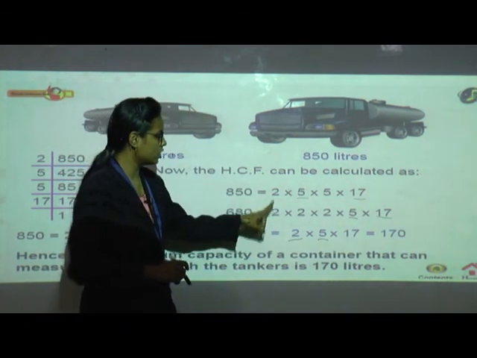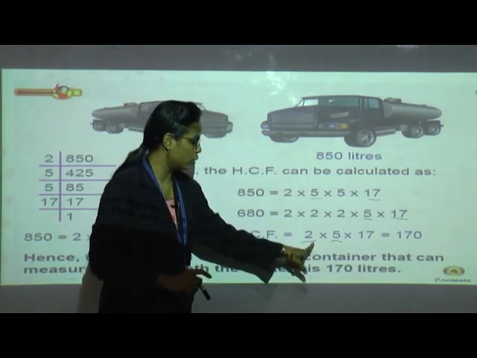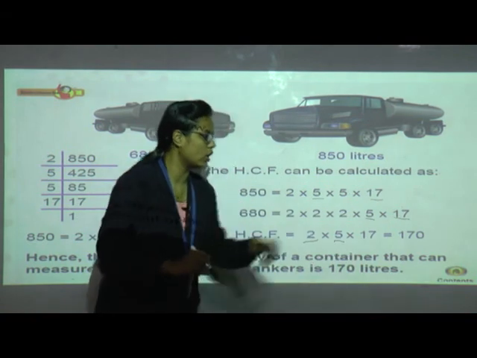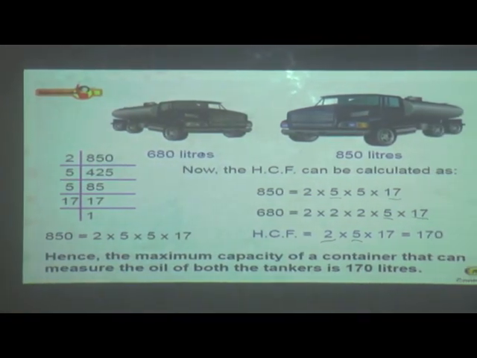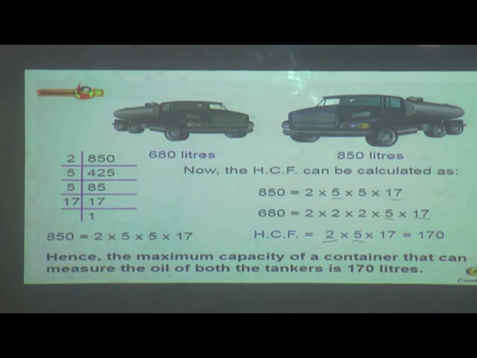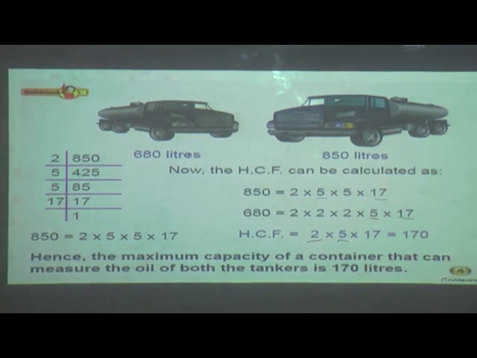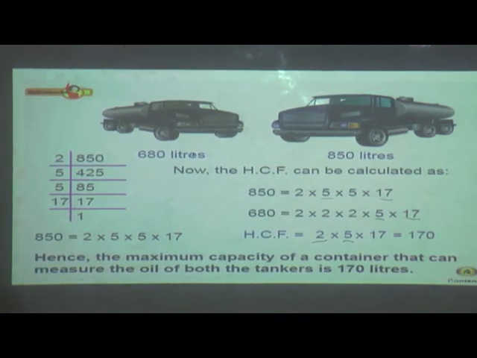So HCF is 2 into 5 into 17, we got 170. Hence, the maximum capacity of a container that can measure the oil of both the tankers is 170 liters.